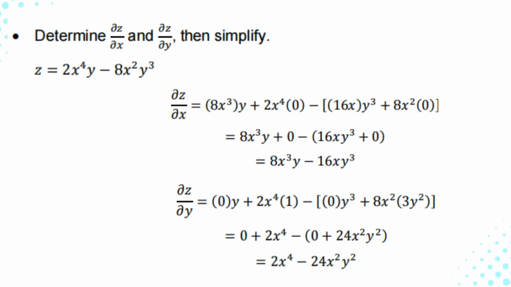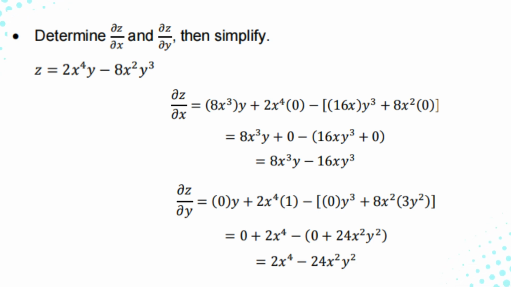Then simplify. z equals 2 times x raised to 4 times y minus 8 times x squared times y cubed. For partial z over partial x, it will become the quantity of 8 times x cubed times y plus 2 times x raised to 4 times 0 minus the quantity of 16x times y cubed plus 8 times x squared times 0.